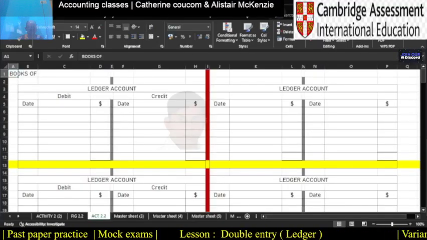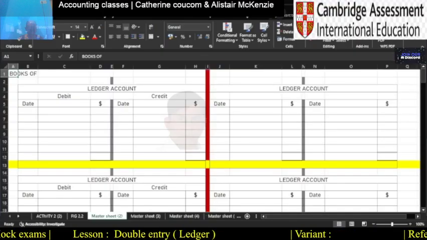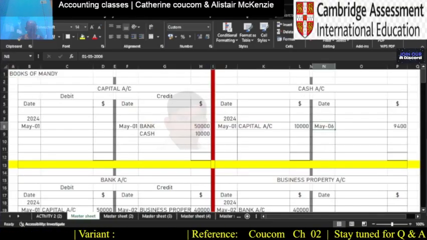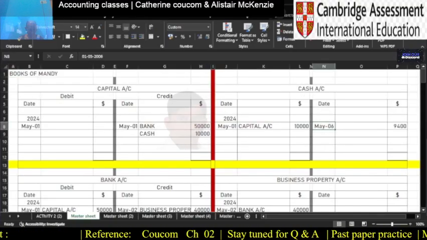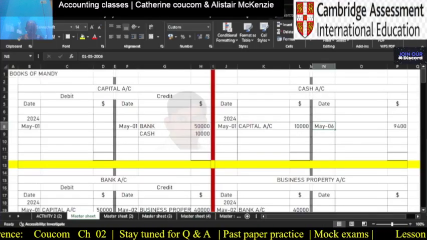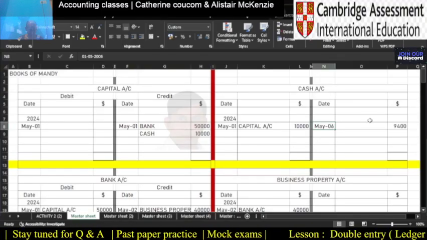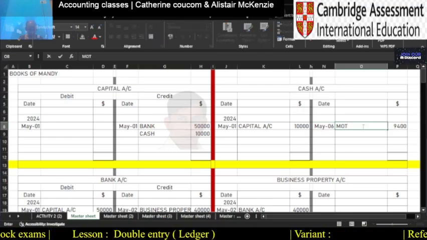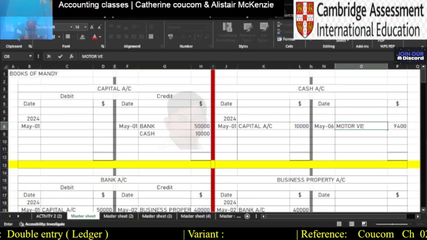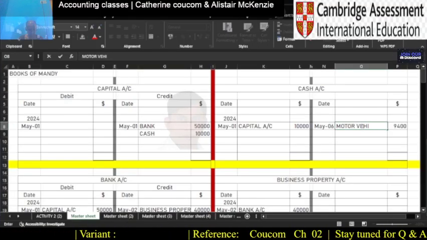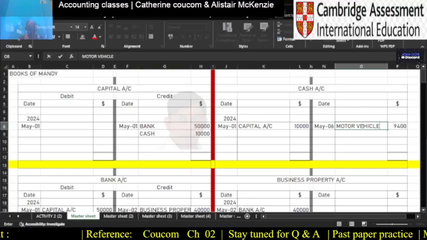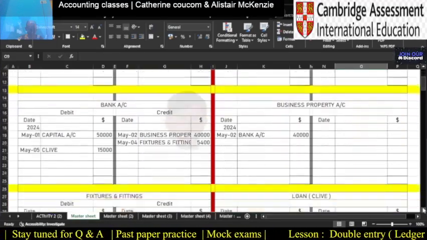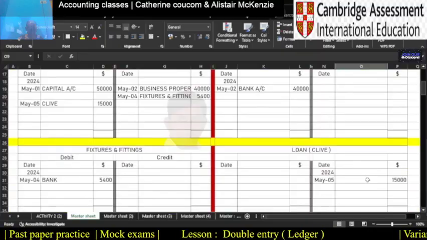So that is how. So how much? $9,400, and so here business property Clive, business. So here bank.